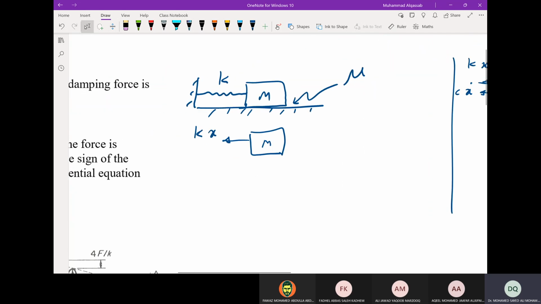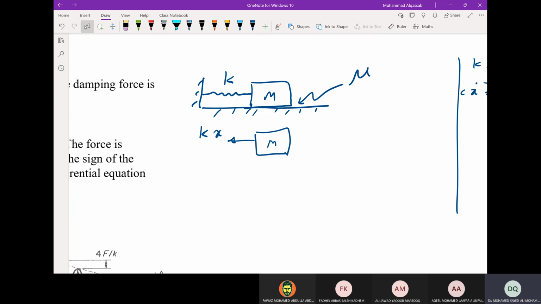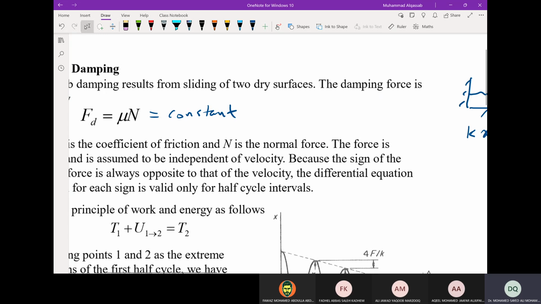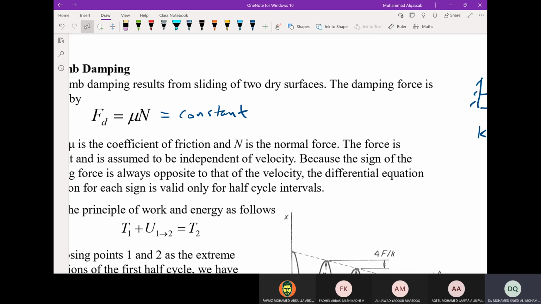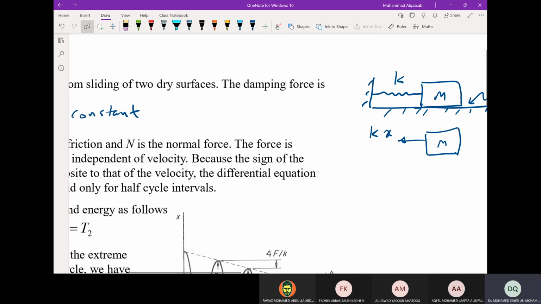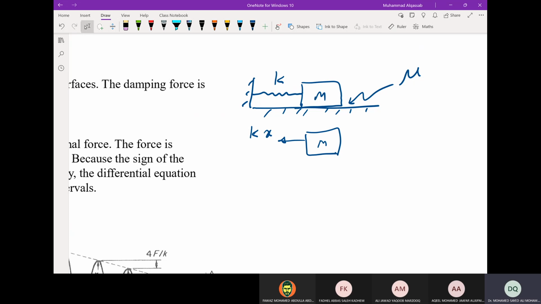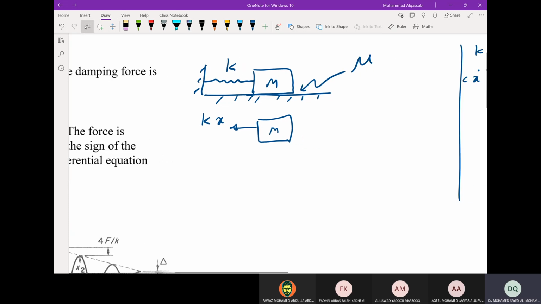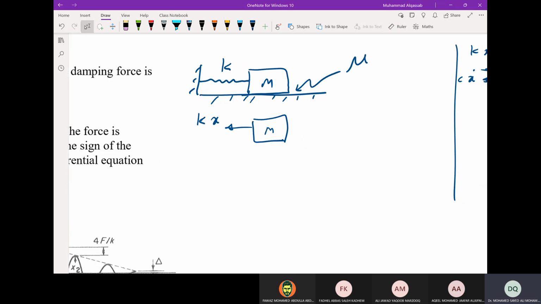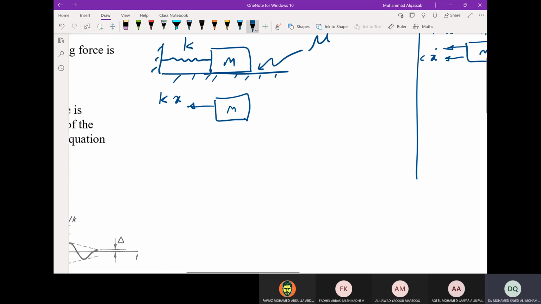But here the velocity is not multiplied by the friction force, because the friction force is simply a constant equal to mu times N. So we have to change this manually, and this makes some complications. It depends on the type of motion or direction of motion.